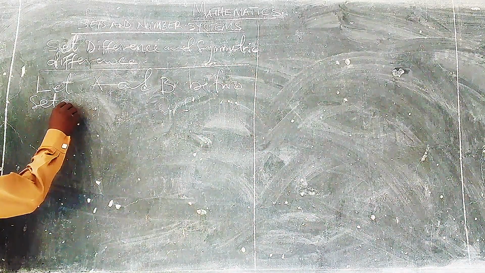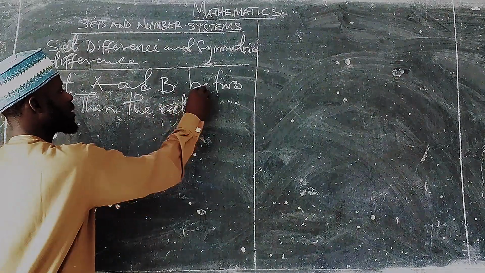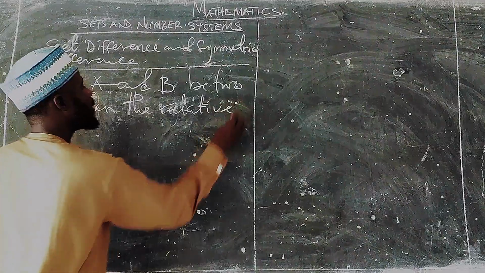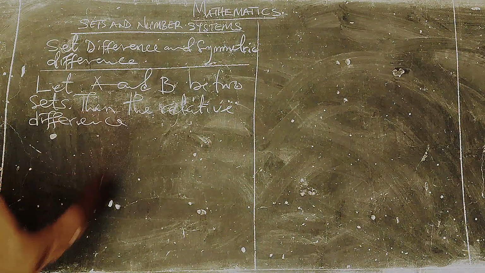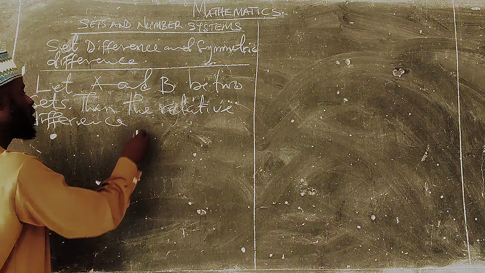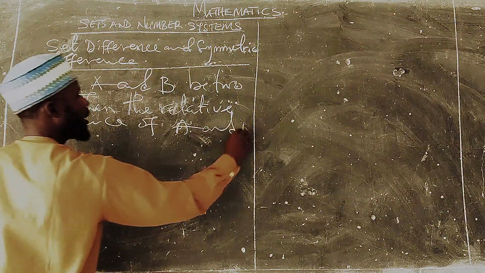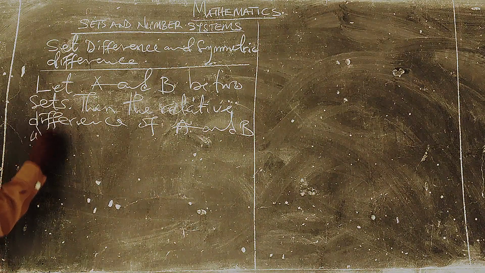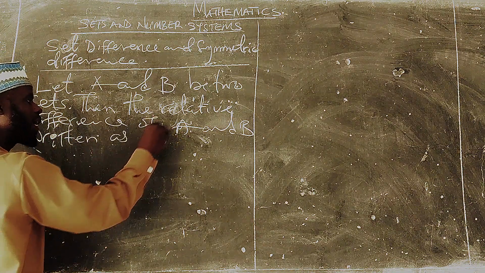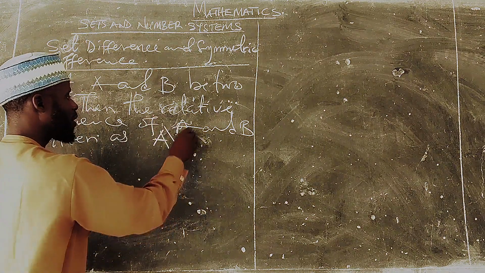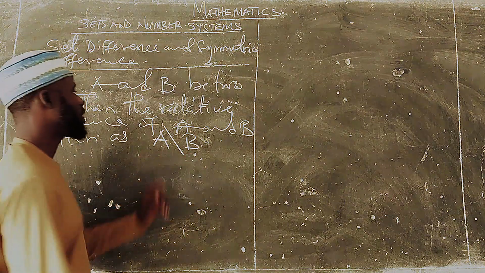Then the relative difference. We say relative difference of A and B, or set difference of A and B, written as A set minus B. So how do we pronounce it?